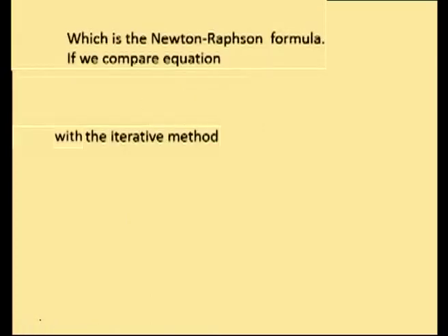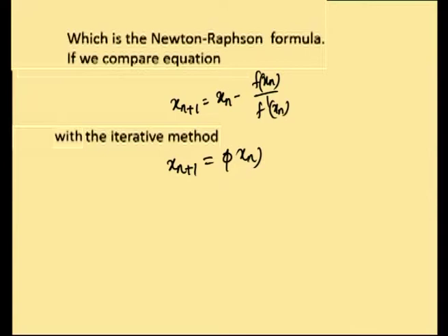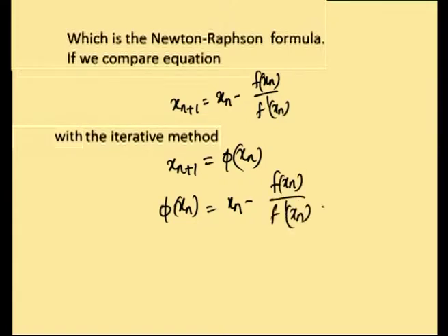If we compare this equation, x(n+1) = xn - f(xn)/f'(xn), with the iterative formula, where the iterative formula says that x(n+1) = phi(xn), so phi(xn) = xn - f(xn)/f'(xn).